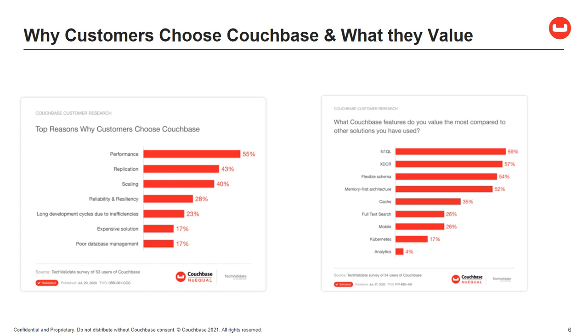Replication, which is a great thing we're going to talk about when it comes to cloud and synchronization between data centers. And scaling. Couchbase is designed to scale out very efficiently and cost effectively, as opposed to a traditional legacy database where vertical scaling is kind of your only option, and you have to spend a lot of money to do that. Couchbase can do it more efficiently.